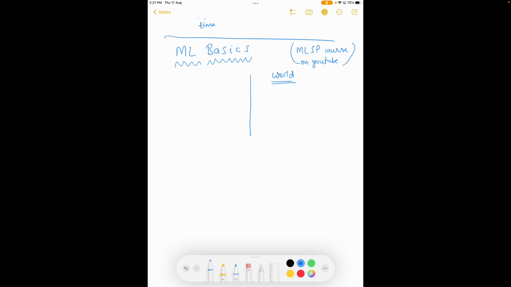You have a musician sitting who is playing music. You have a person sitting who is speaking some language. Everything is happening. Now you want to make a machine. The other part is the machine, which wants to emulate certain things.